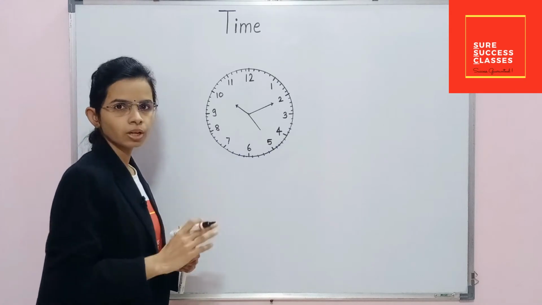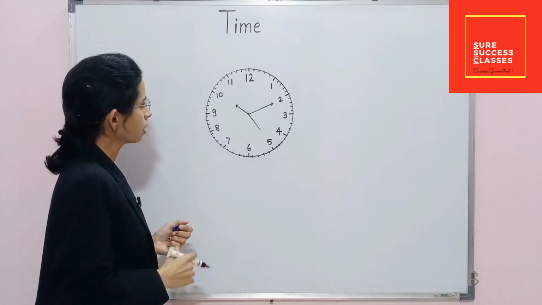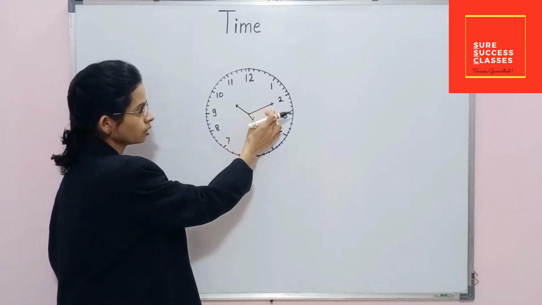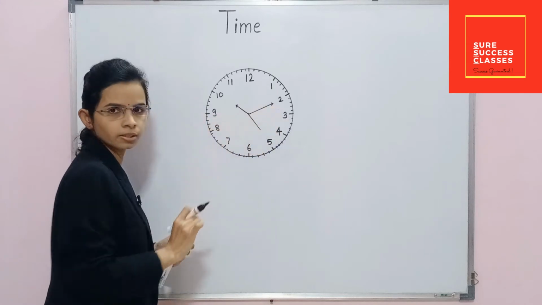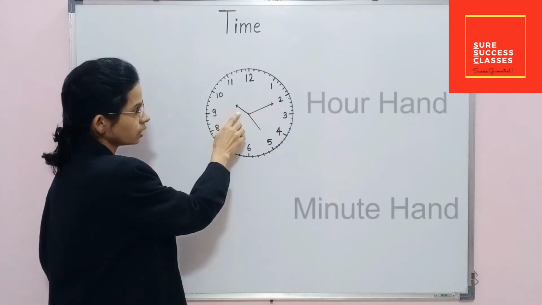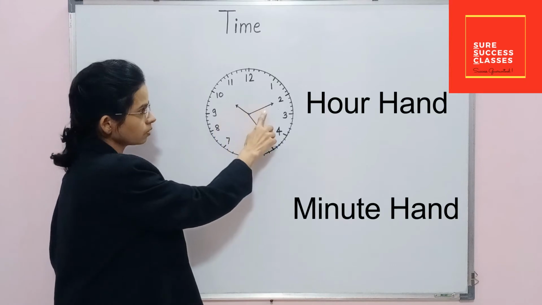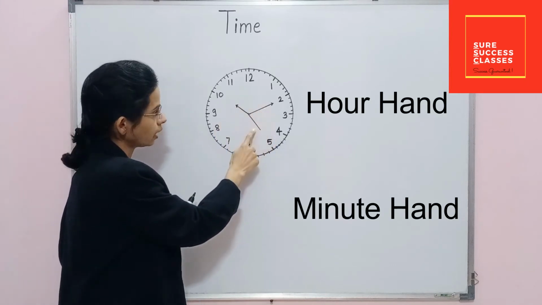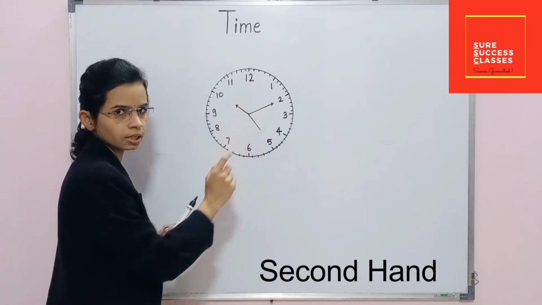This means this is a 12-hour clock. And if you observe these three hands, this one is the hour hand, this one is the minute hand, and the thinnest one is the second hand.